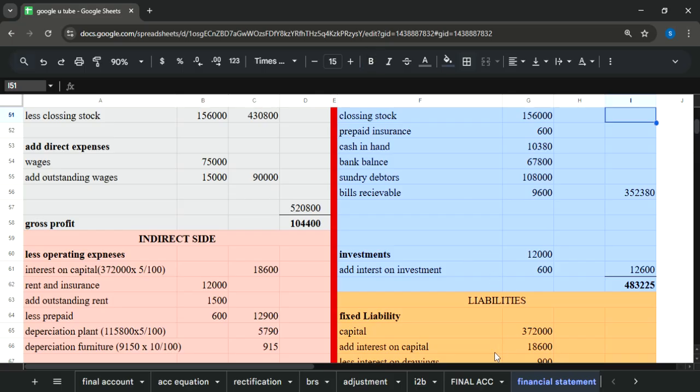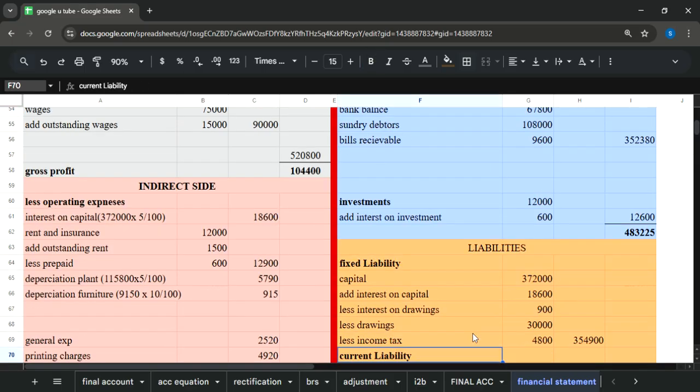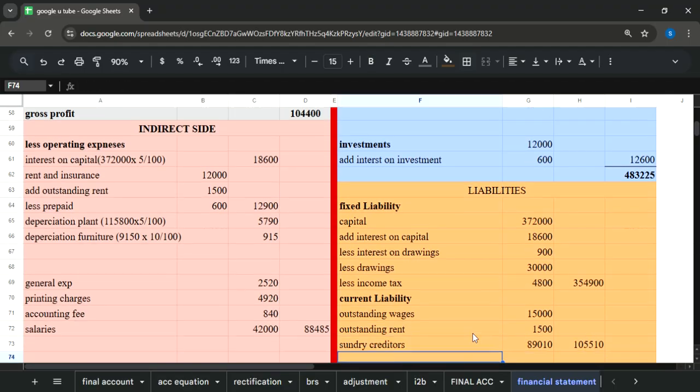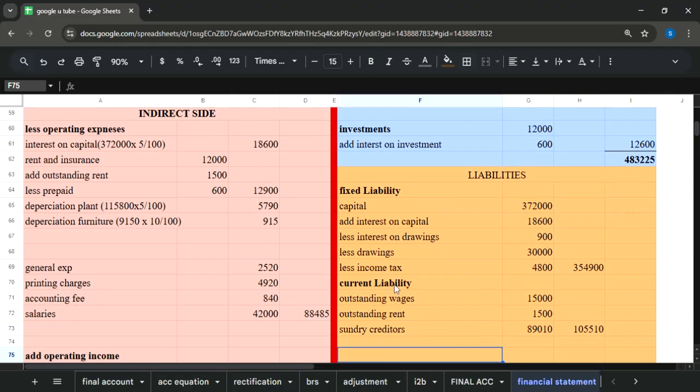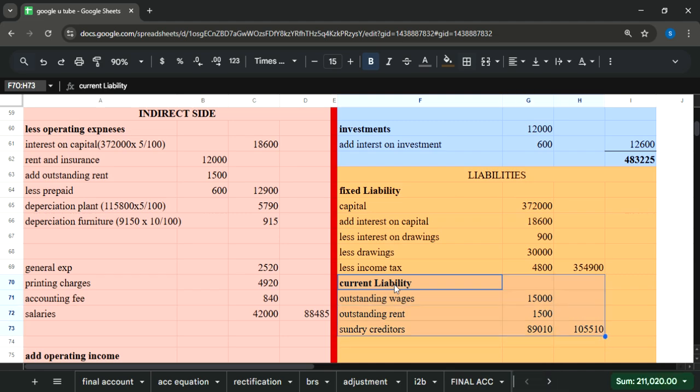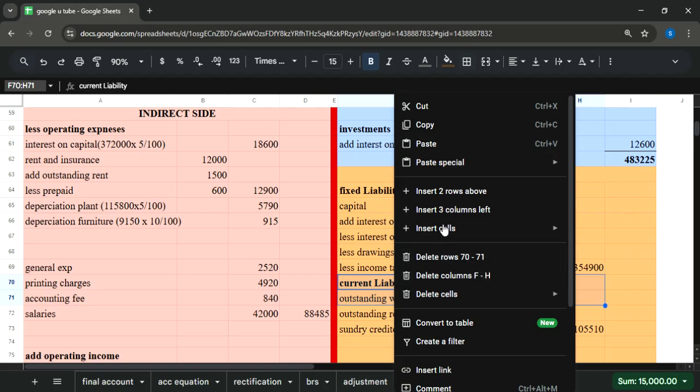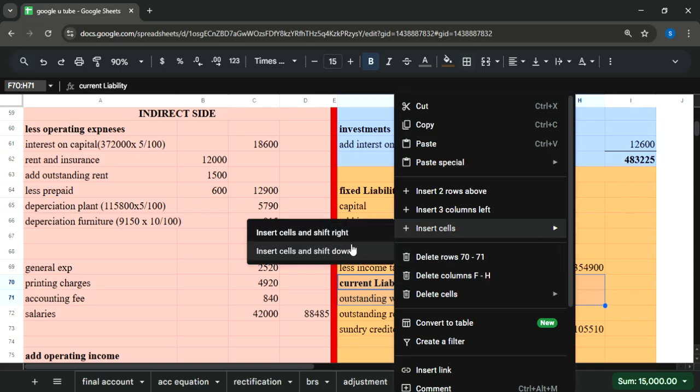One thing left, you have to add net profit, and for that again you will have to make some space. I think only 2 lines are needed, so just add few more lines.